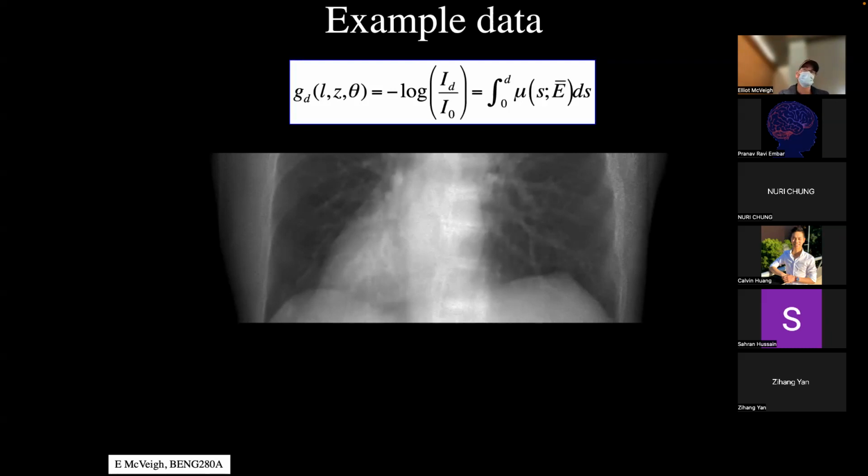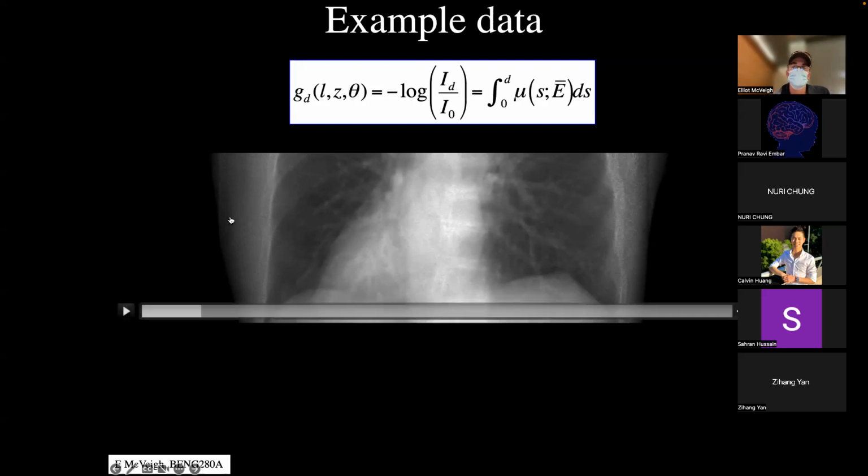Oftentimes when they do this, they don't spin the patient, but they'll take a fluoroscopy machine and rotate the whole machine around the patient. And the actual position of the source and the detector, depending on gravity, in this orientation the detector's here and the source is here, versus this orientation, there'll be a change in the distance or a sag, and that'll cause distortions. But in general, you can rotate the patient.